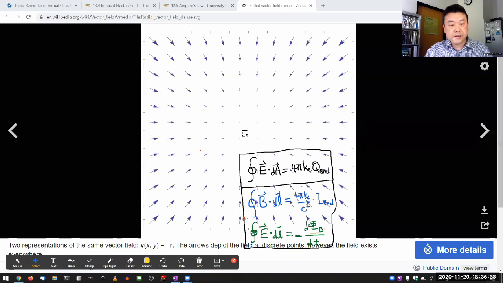And if you imagine a three-dimensional version of that, where you have these arrows pointing towards a point, then that's the kind of vector field that is associated with this. Because you can imagine defining a surface, and the dot product of the vector and the surface area element will on net point in the same-ish direction.